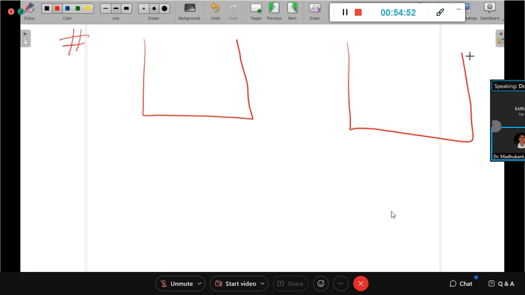Let's take two urns. Let's say this is urn 1, this is U1, and this is U2. Let's say there are 4 red plus 6 green balls here, and here are 3 red plus 5 green balls.